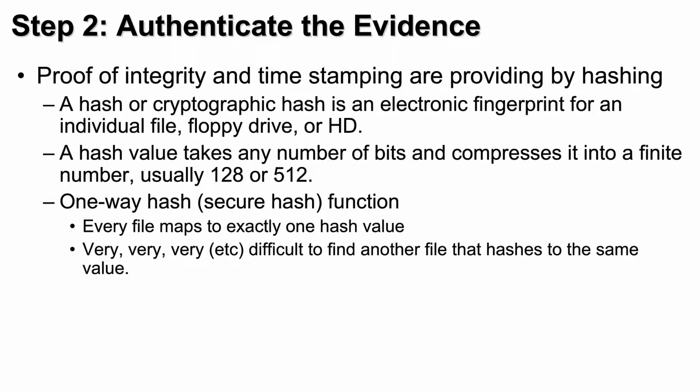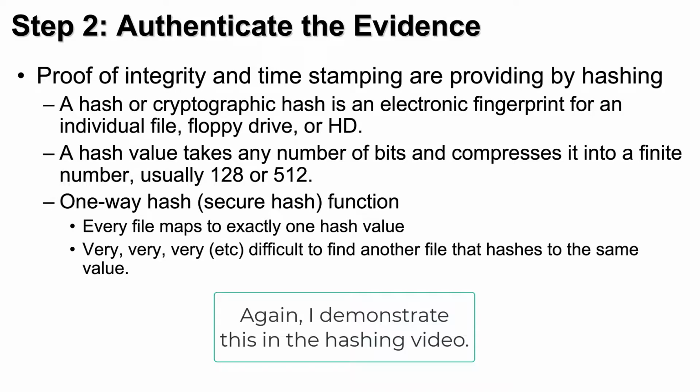And it's very, very difficult to find another file that hashes to the same value. But if you can find two files with different contents that result in the same hash, that means there's something wrong with your cryptographic hash algorithm. And again, I go into more depth on that in the cryptographic one-way hash video.